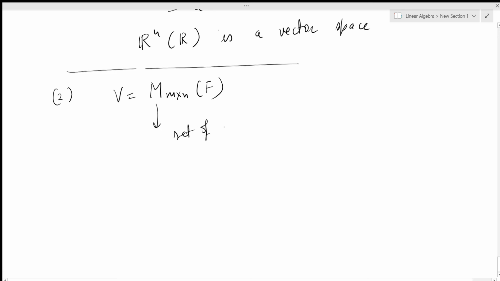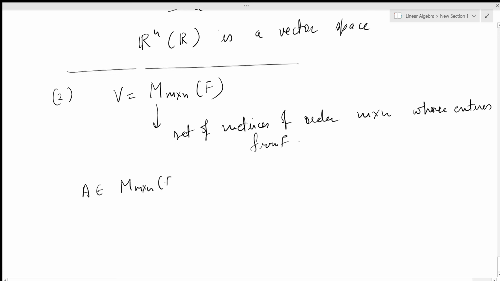This is the set of matrices of order m cross n, whose entries are from field F. So if we have some matrix A belongs to M m cross n over F, then your A is an m cross n matrix, whose entries are A11, A12, A1n, and this is A21, A22, A2n and Am1, Am2, Amn. So this is your m cross n order matrix.